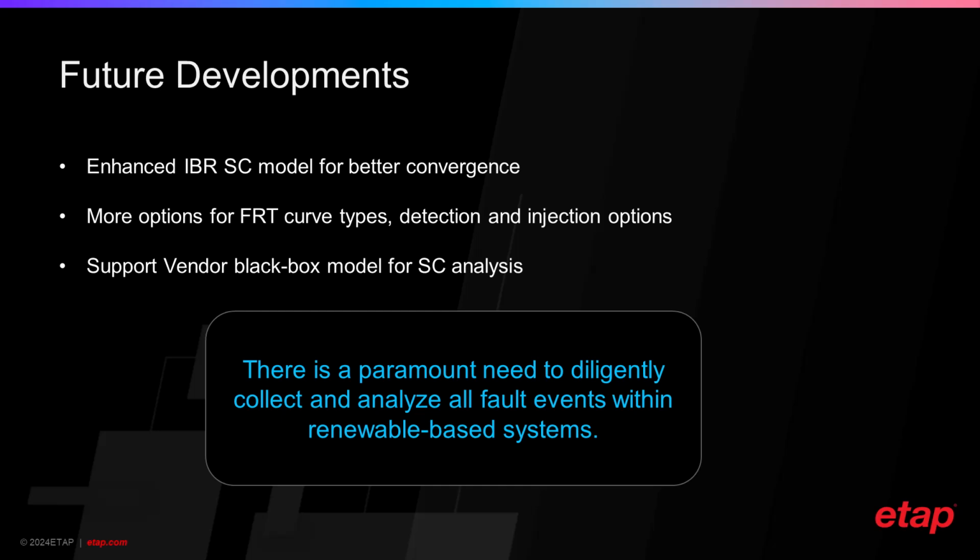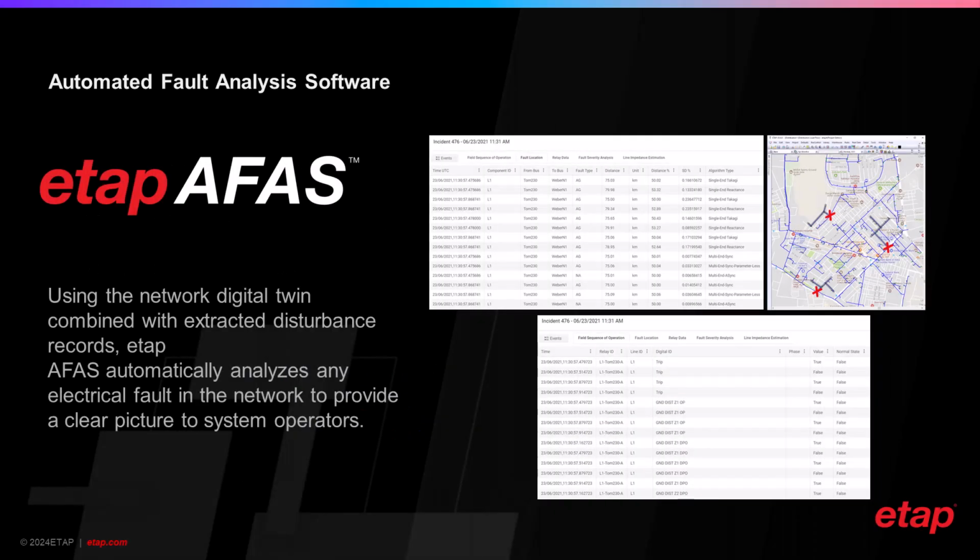That takes us to the next topic: ETAP offers a solution that automatically collects and downloads all your COMTRADE files and fault records from your relays and fault recorders, and automatically analyzes them to detect where the fault is, what the fault types are, and what the different quantities are, and extracts certain values to check your IBR behavior during the fault. With that, I'm passing to my colleague Uwais Askari to talk about automated fault analysis software.